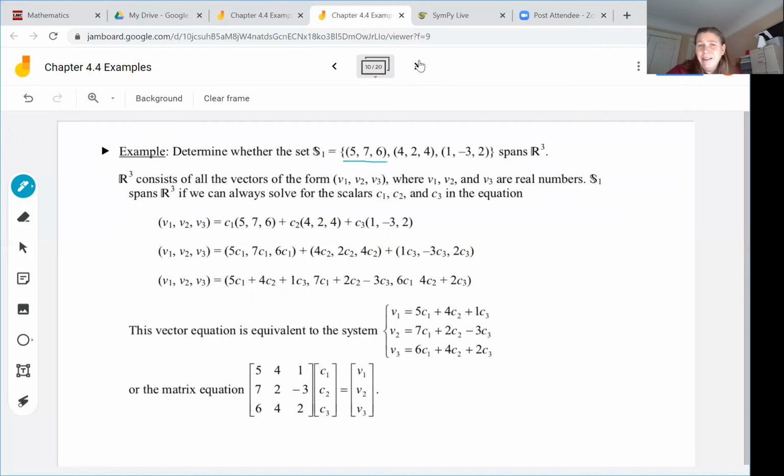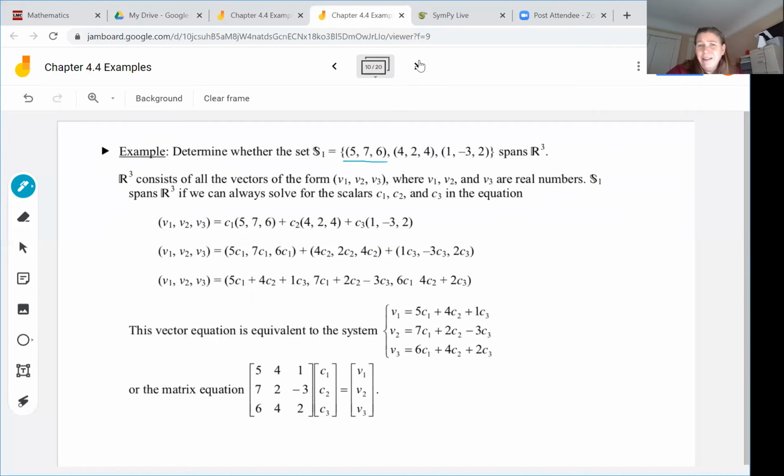So we get 5c1, 7c1, and 6c1 in the first vector part of the addition here. 4c2, 2c2, and 4c2 in the second part of the vector addition here. And 1c3, negative 3c3, and 2c3 in the third part of the vector addition here. And then let's rearrange and add up all the first elements.